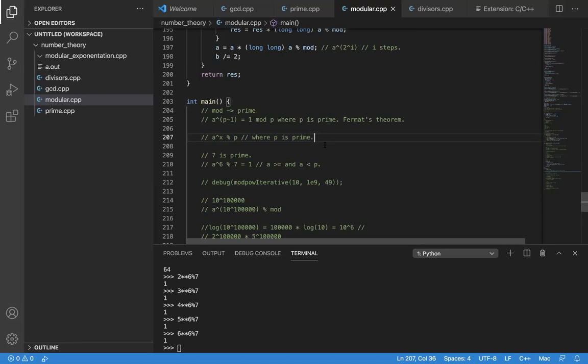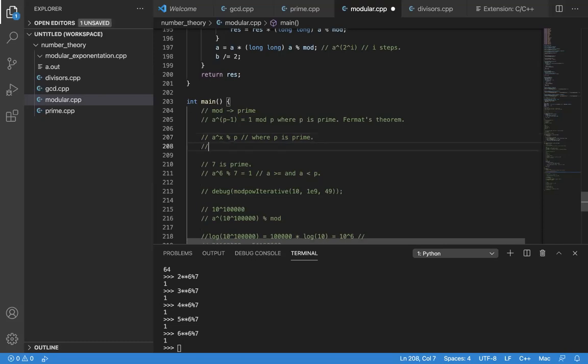Suppose x is very large. Then I can observe that if I do x modulo p minus 1, because with each p minus 1 power the answer is becoming 1, my final answer would be a power (x modulo p minus 1) modulo p.